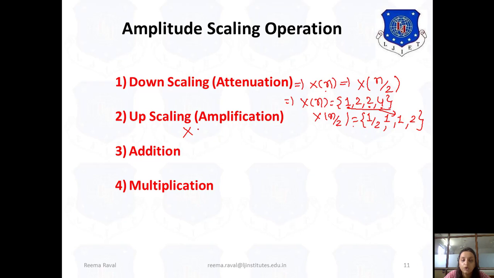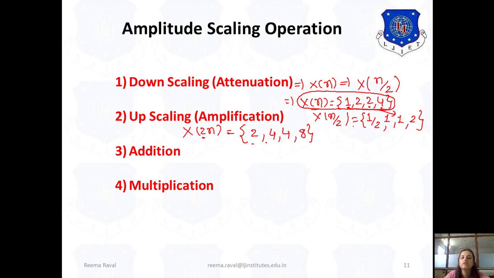Similarly, if I want to upscale the signal, or do amplitude upscaling, that is x of 2n, right? We have considered the value 2 over here, but this value can be anything. It can be 3, 4, 5, likewise. For the same example, x of n equals 1, 2, 2, 4, if I want to obtain x of 2n, then it will be 2 into 1, that is 2, 2 into 2, 4, 2 into 2, 4, 4 into 2, 8.